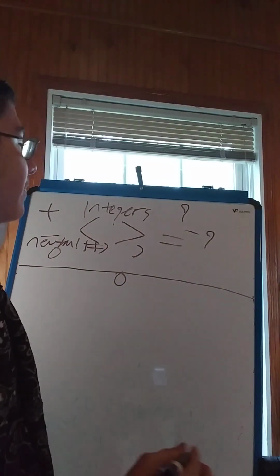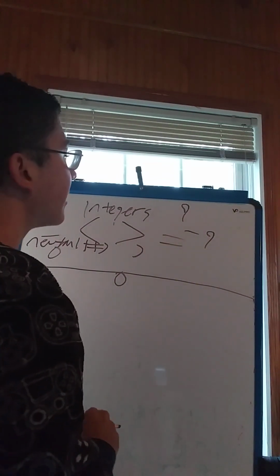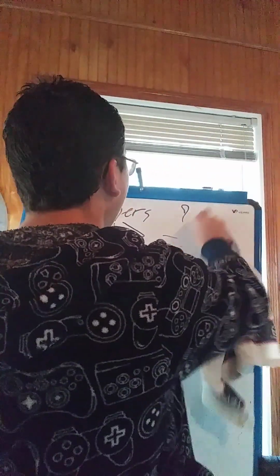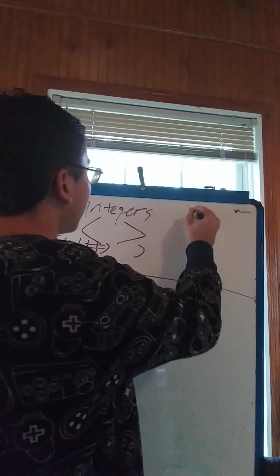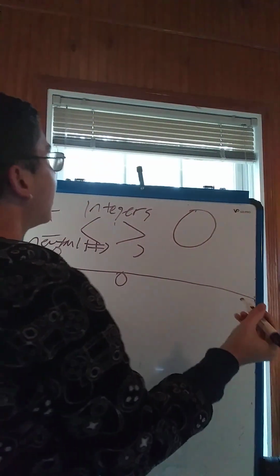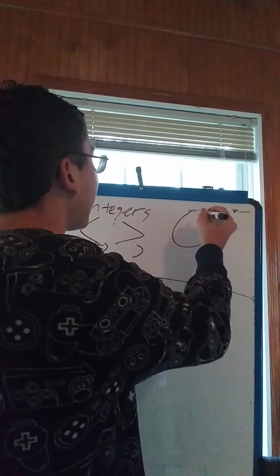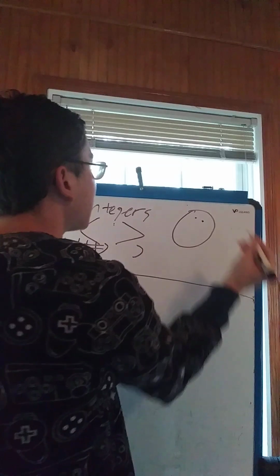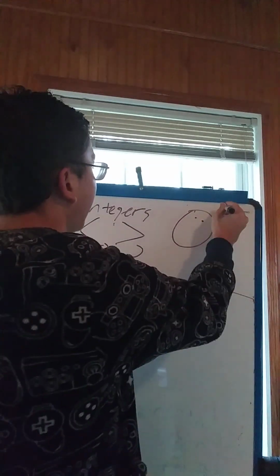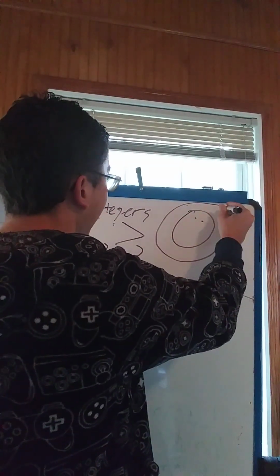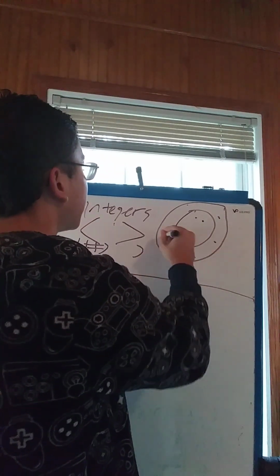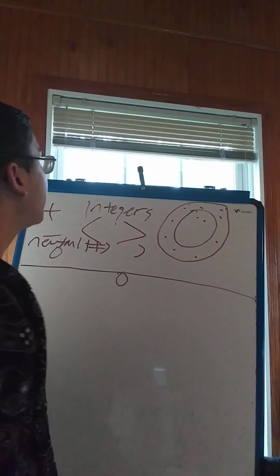Think about an atom. If we take an atom, and we have the protons here, and then we draw the orbital, we have all the electrons orbiting around.